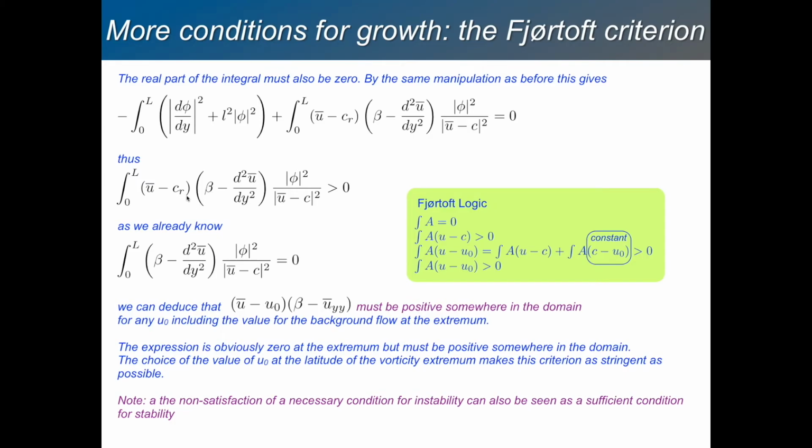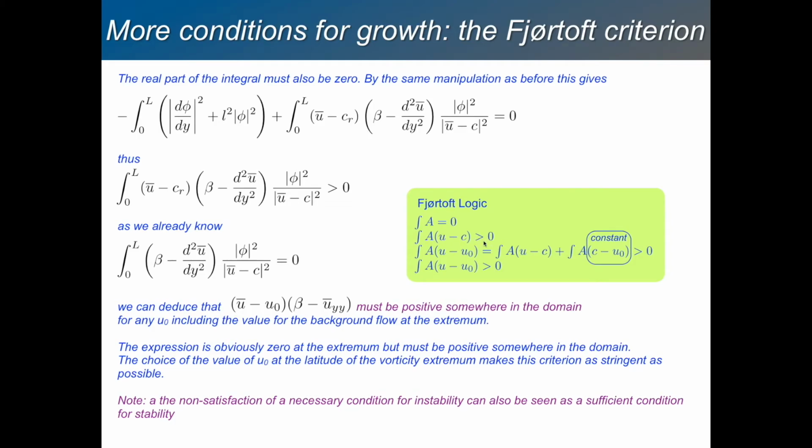But if we just abstract that, and we're going to follow a little bit of logic here, Fjørtoft logic, all right? We have an integral, which is 0, all right? And so that's this, right? That's our Rayleigh condition. We have another integral, the same thing times u minus c, which is positive, all right?